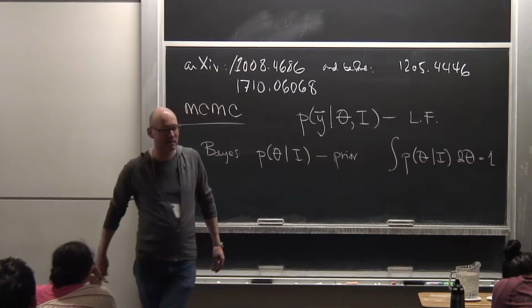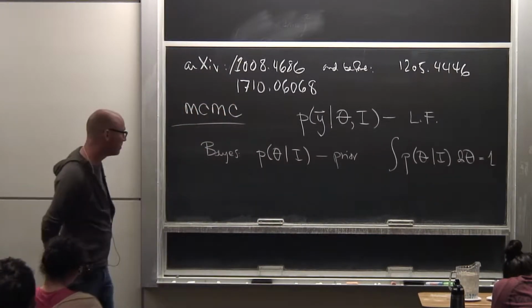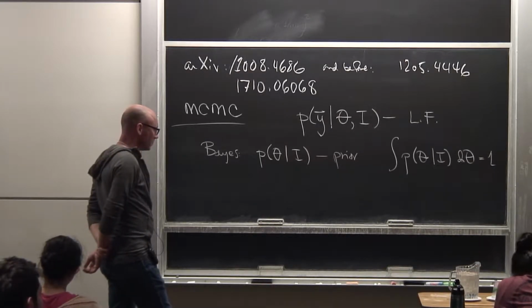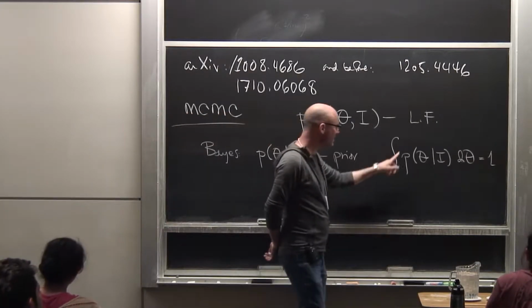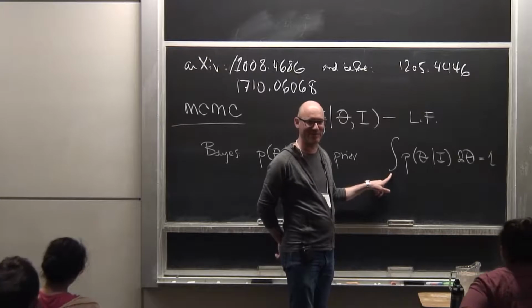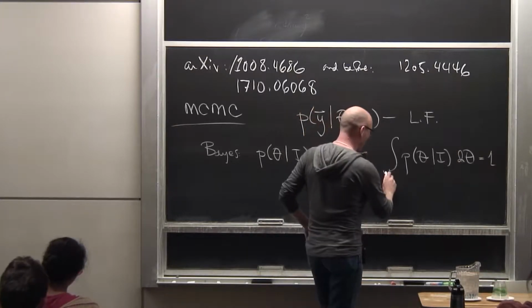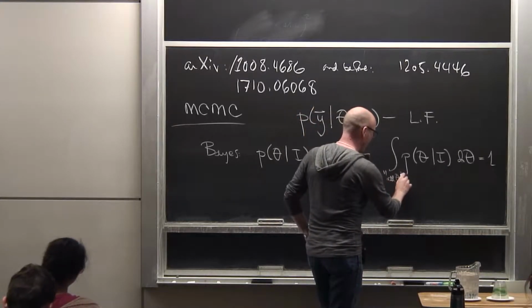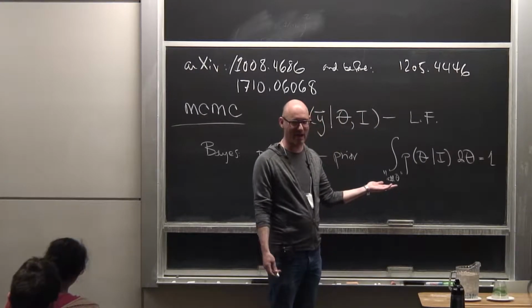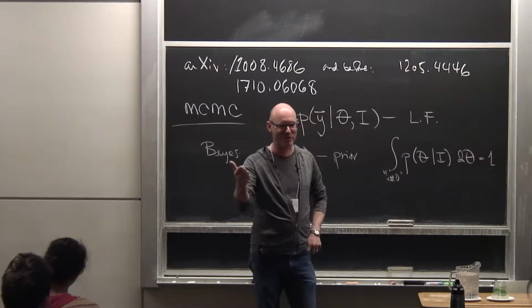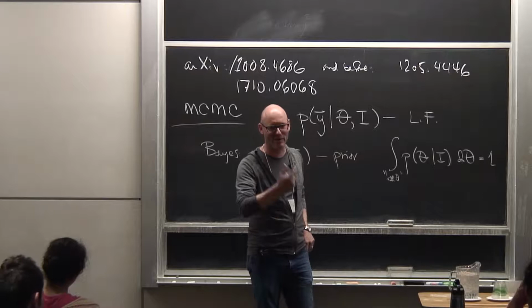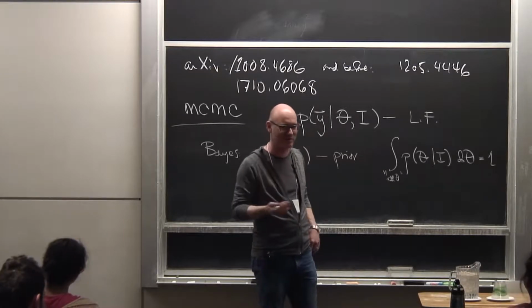Yeah? So if you're assuming that some parameters should be positive, how should you integrate that to get 1? I didn't say what domain the integral is over. So this is like over all theta. I'm being unambiguous because theta might have integers in it. It might have continuous parameters. It might have vectors. It might have tensors, all sorts of things.